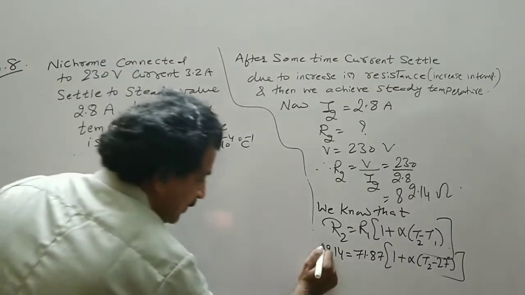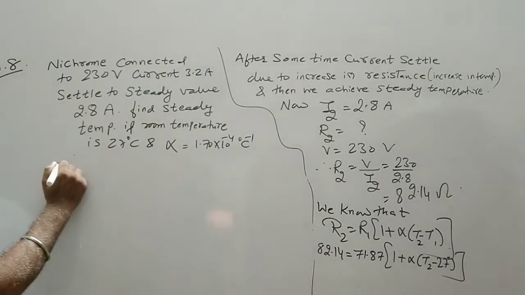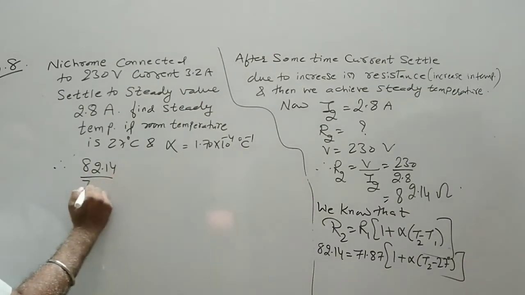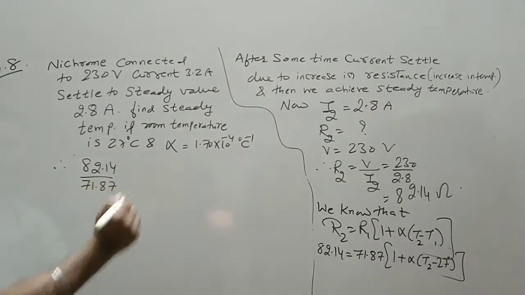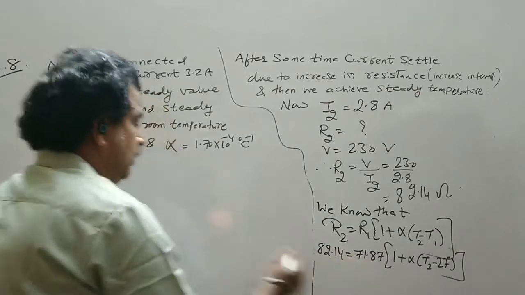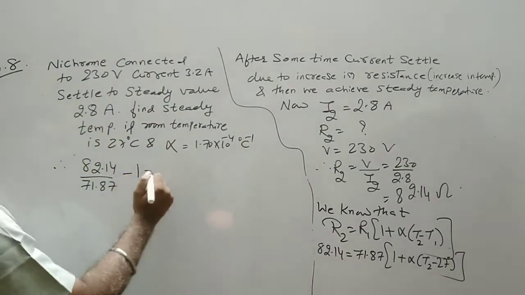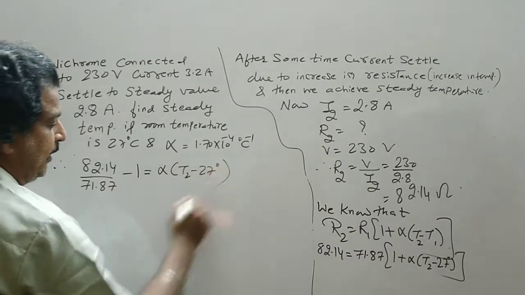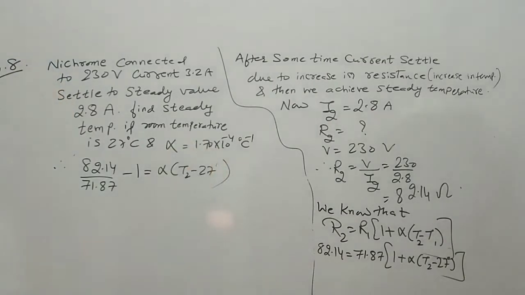I am doing this calculation. Therefore, 82.14 divided by 71.87 minus 1 is equal to alpha into T2 minus 27 degree centigrade.